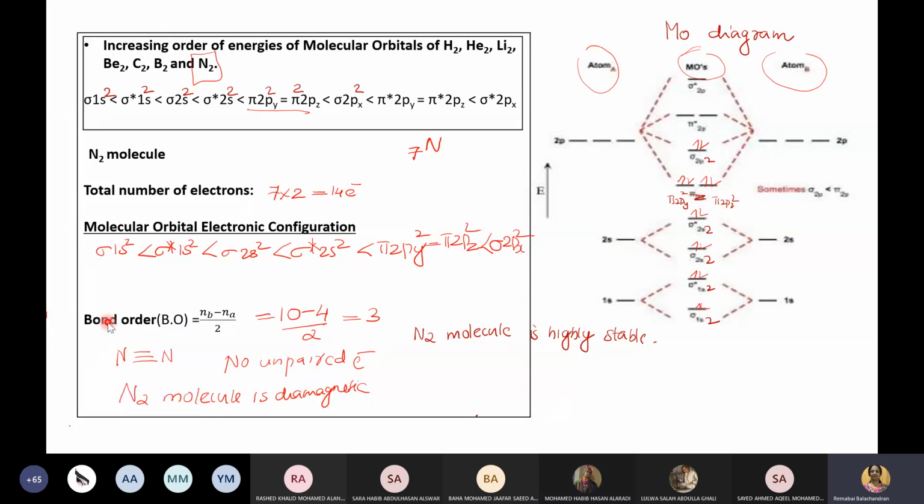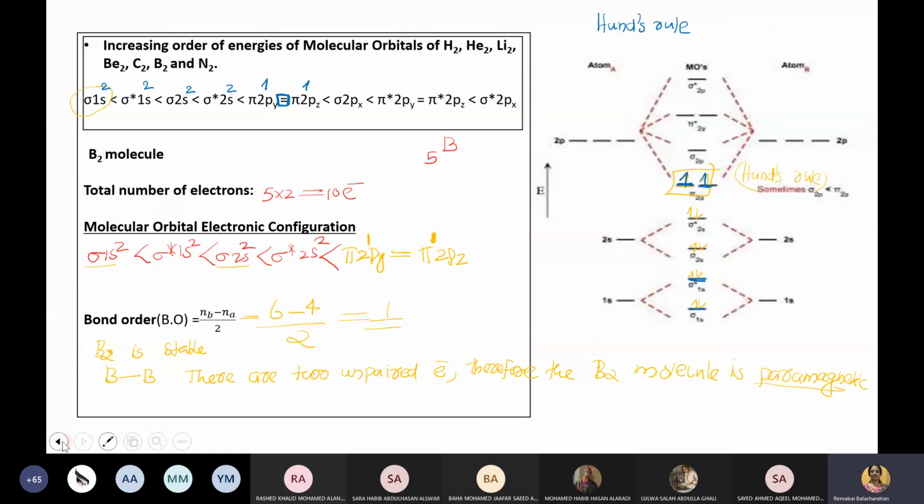This is the order, my dear. You studied in school the electronic configuration 1s2, 2s2, 2p6, 3s2, 3p6. You studied one order, no? Similarly, this is the order.